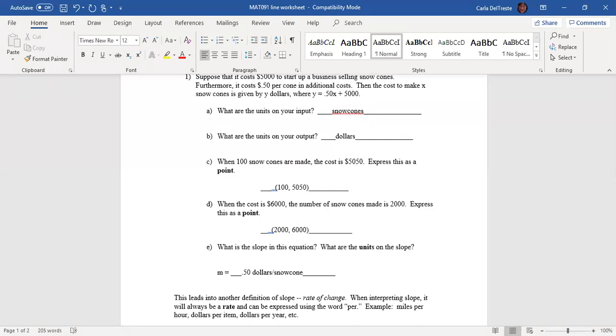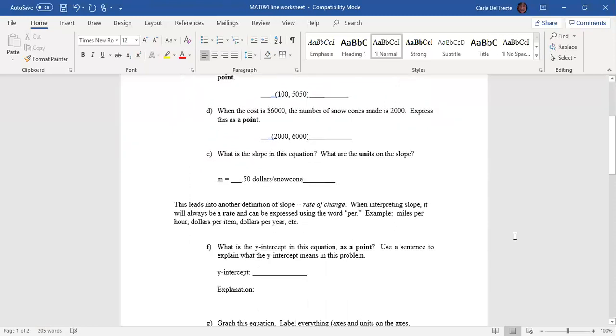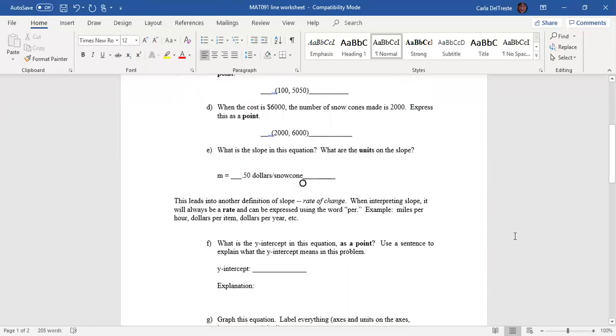So that's actually a clue. That word per is a clue. We're looking at slope as a rate of change here. It's the rate that we are getting our cost incurred for our business. So when we see the word per, or maybe a phrase like for every or for each, those are slope indicators, rate of change indicators.